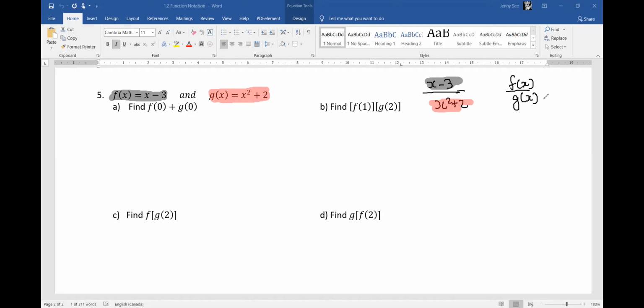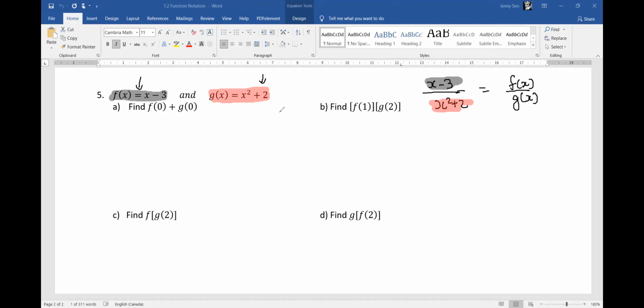You see how that's written? It's exactly the same thing because f of x represents the gray one and g of x represents the red one. So you should be able to understand it as just this function divided by that function.